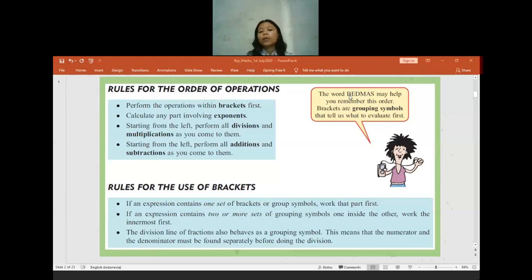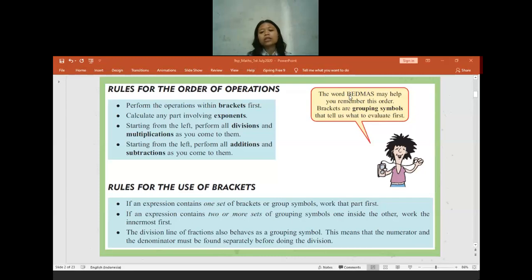After all the multiplication and division are done, we look at addition and subtraction. It's the same thing, because addition and subtraction are at the same level. Whatever comes first, you do first. You don't always have to finish the addition first and the subtraction later. It depends on whichever operation comes first.